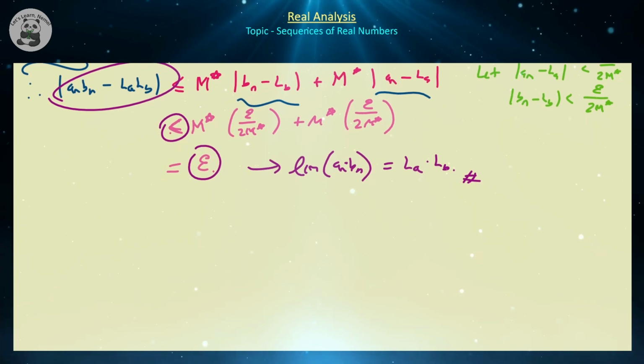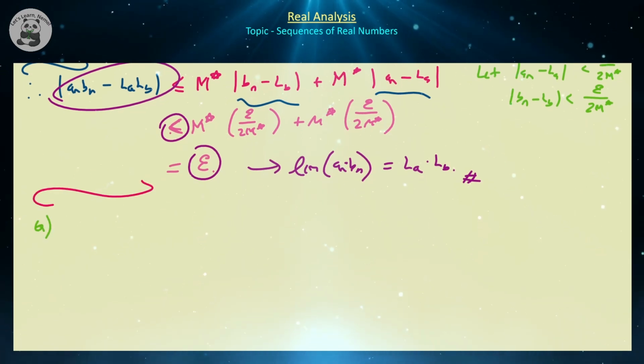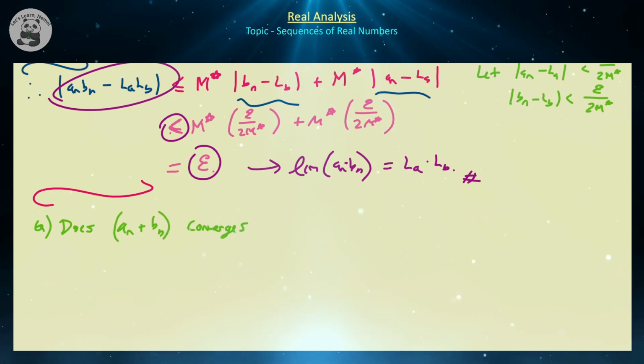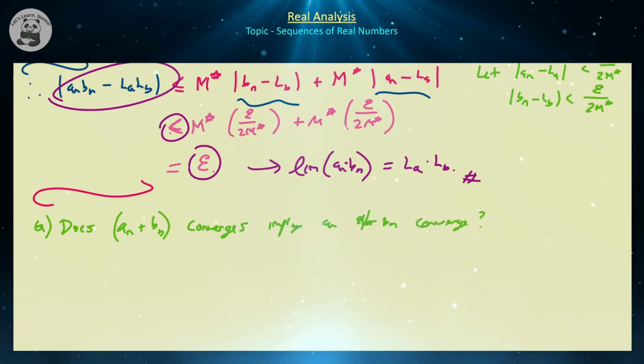Okay? Now, I just want to ask this question, because this is also important. We have that if the individual sequences converge, then the sum, difference, product and scalar multiples also converge. But does the sum of sequences being convergent imply that both an and bn, or we could say an or bn, converge, right?